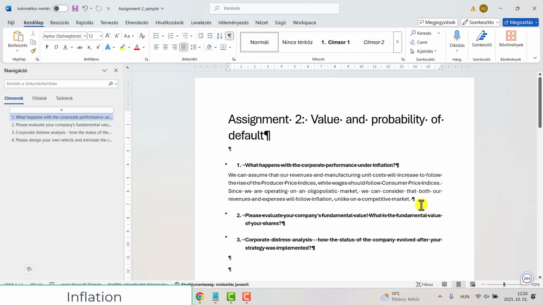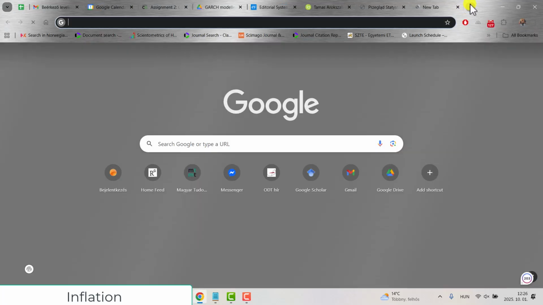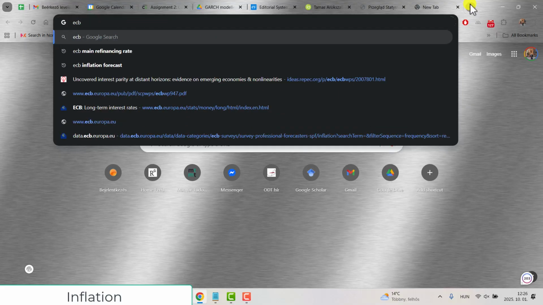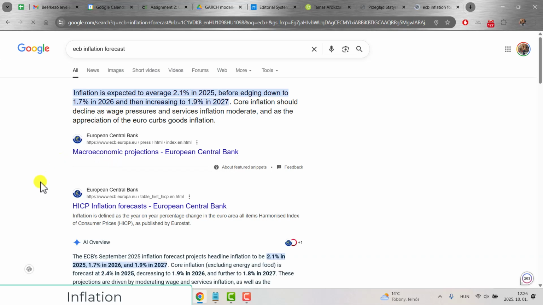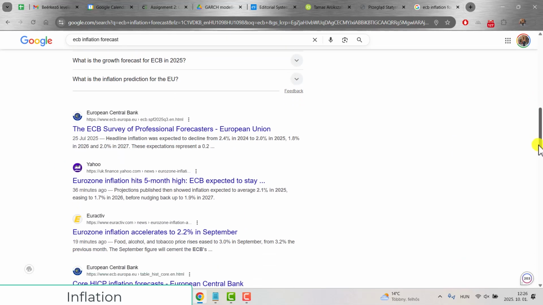So now we just need the trajectory for inflation. What are the inflation forecasts? In this case, luckily, the European Central Bank has an inflation forecast database. Now I just have to find the proper one.